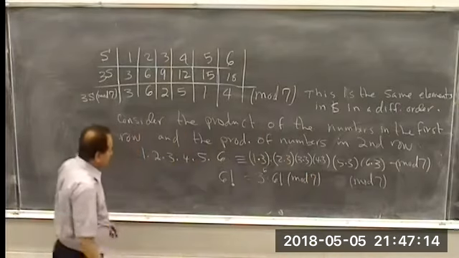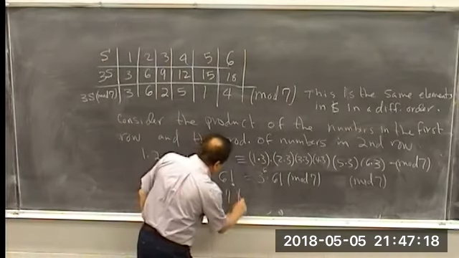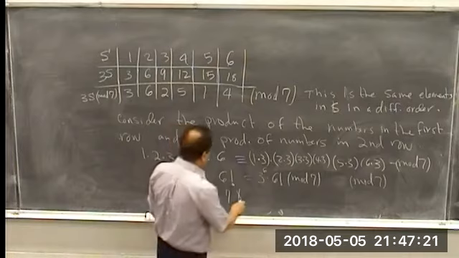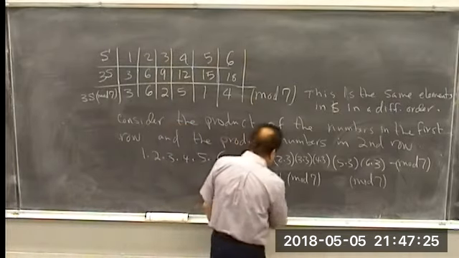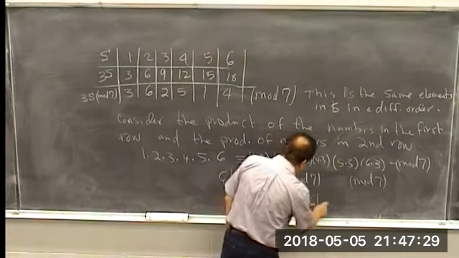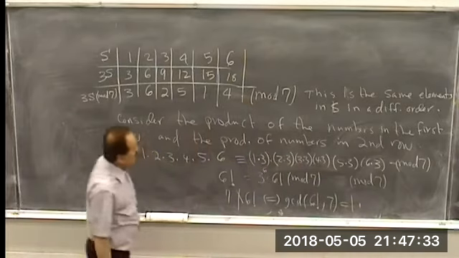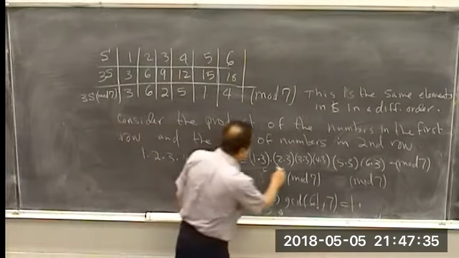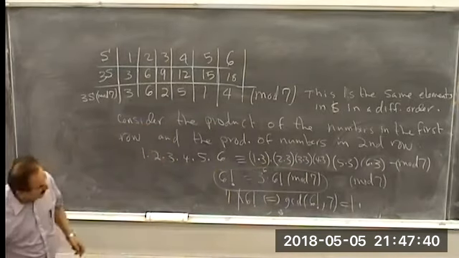Now I know that 7 does not divide 6 factorial, which is equivalent to saying that the greatest common divisor of 6 factorial and 7 is equal to 1. So I can divide this congruence relation by 6 factorial.